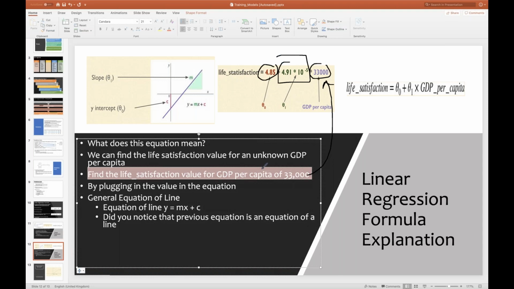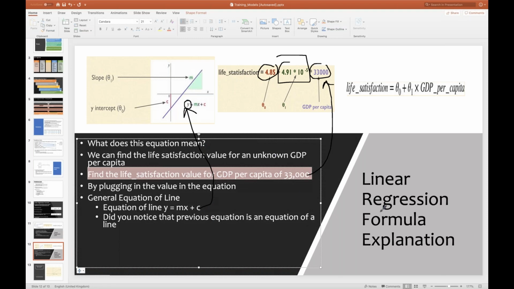Now, the equation of a line is called y equal to mx plus c. Again, we need to understand this one. Here, you are getting y. And did you notice that the previous equation is an equation of a line?